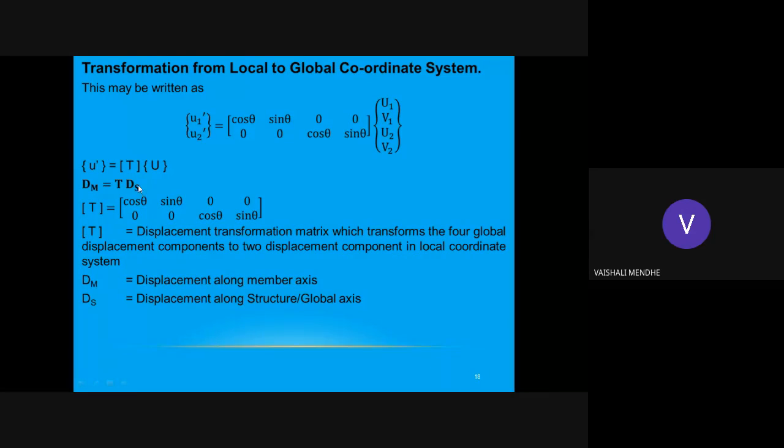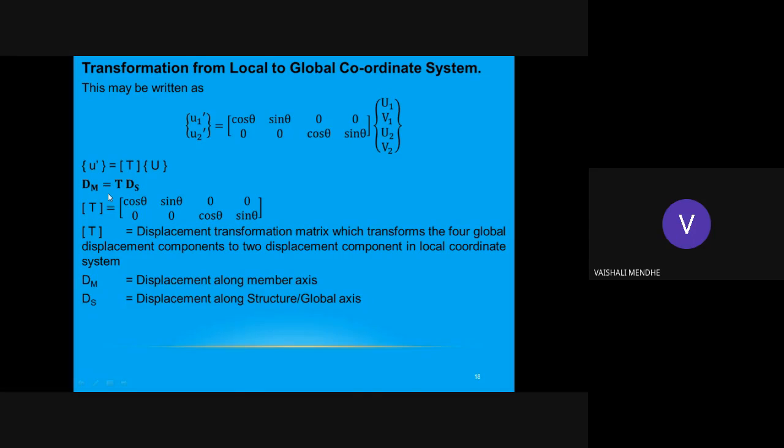If you have the displacement along structure axis and you want to find out the displacement along member axis, you multiply the displacement along structure axis with the transformation matrix, and you will get the displacement along member axis. So this is our second relation which you have to keep in mind: dm is equal to T into ds, where T is the transformation matrix.